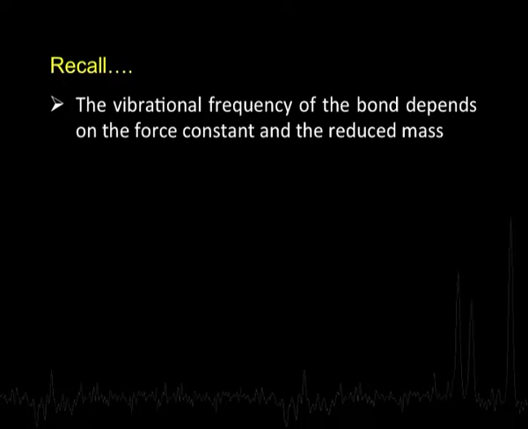In this context, we will talk about a number of factors, but prior to that, let us recall one brief thing. We know that the IR spectrum is a consequence of the vibrational motion of molecules, and the vibration frequency of any bond in a molecule depends on two things, the force constant and the reduced mass.